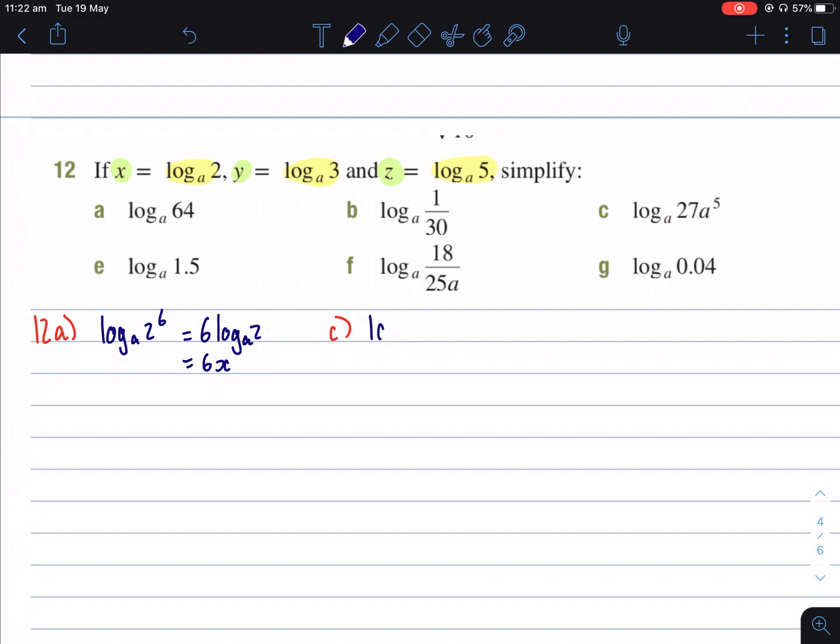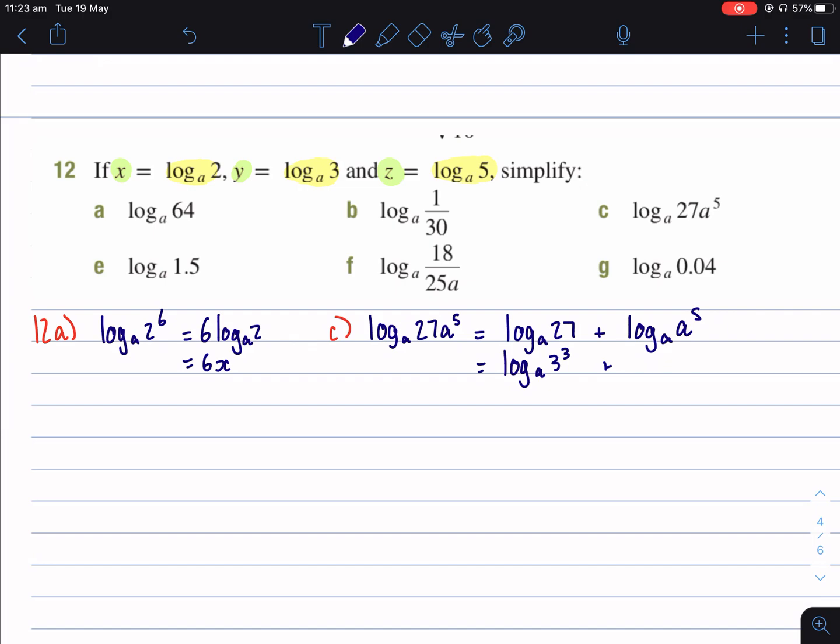Okay, log base A of 27, A to the 5. So that's the same as log base A of 27 plus log base A of A to the 5. Now, log base A of 27, I want that in terms of 2, 3, or 5. That's 3 cubed.